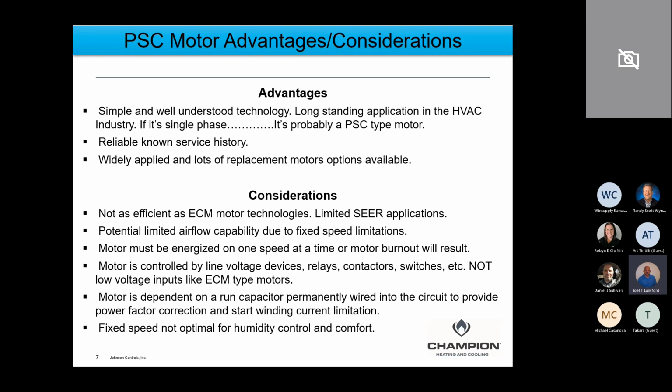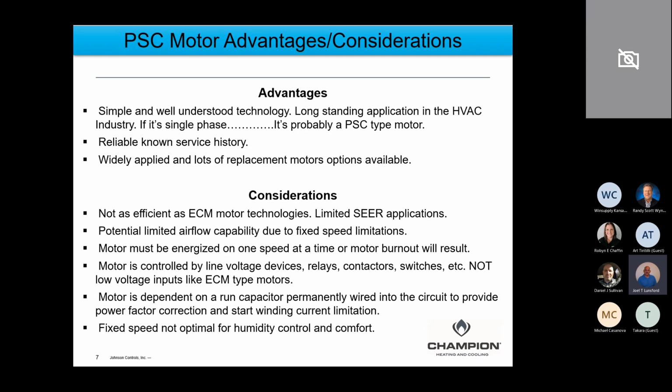And then finally, one of the considerations with a PSC blower is that because it's fixed speed, it's not optimal for humidity control and comfort. Because it's running at one speed only, you don't have the capability of ramping up and ramping down to maintain a better comfort level and humidity control like you do with variable speed blower motors, or even some of your standard ECM blower motors.